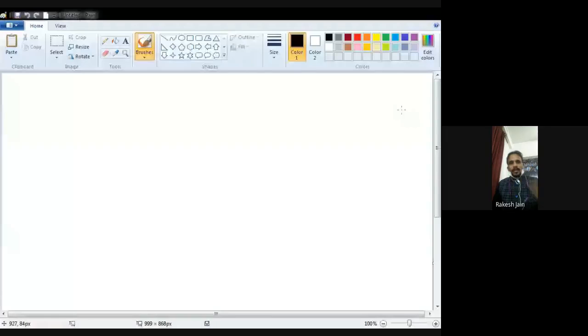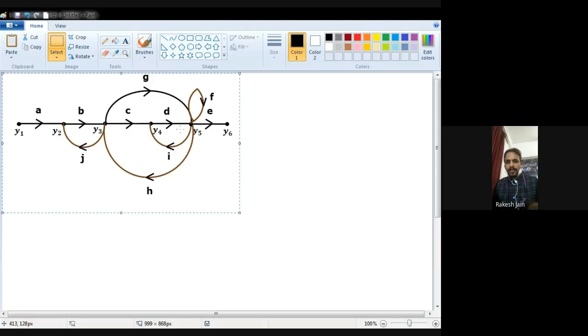Now you are able to see this blank screen of MS Paint on which I just pasted the same complex numerical. We have to find the transfer function. First of all, whenever any signal flow graph is in front of you, the first step is to see by which abbreviation the output is denoted and by which abbreviation the input is denoted. Here the output is denoted by y6 and the input is denoted by y1.